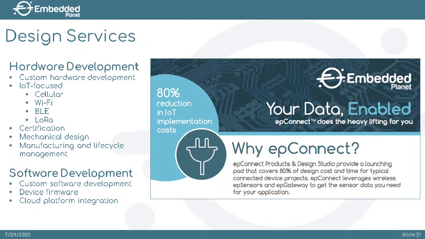We can take products that I just showed and customize those for your application, and take a specific product that you may have and modify it and add connectivity. And all that includes working with the hardware and the software to get your product connected up into the cloud. And once again, all the cellular modules come with OneEdge enabled, so you're connected to that software and that configuration management, device management, right out of the box.